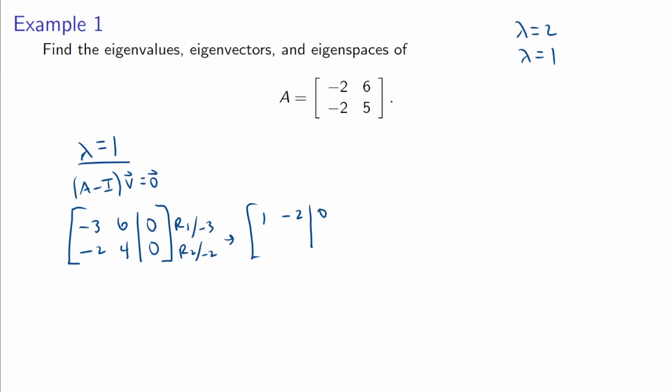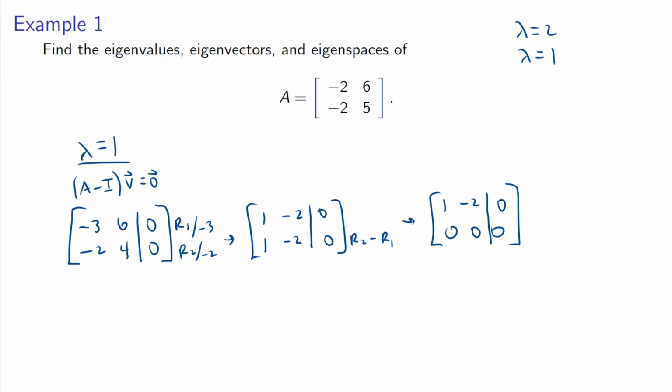So we'll get a 1, -2, 0, and a 1, -2, 0. And then we can do row 2 minus row 1. This becomes 1, -2, 0, 0, 0, 0.